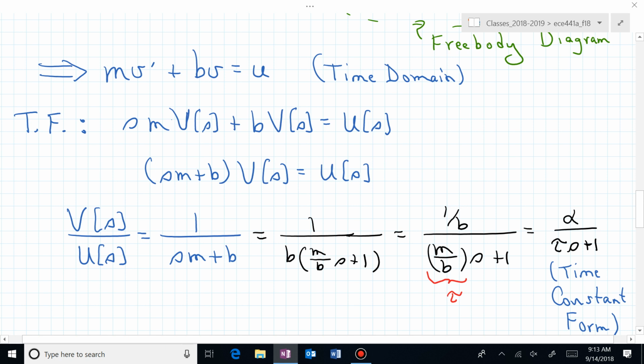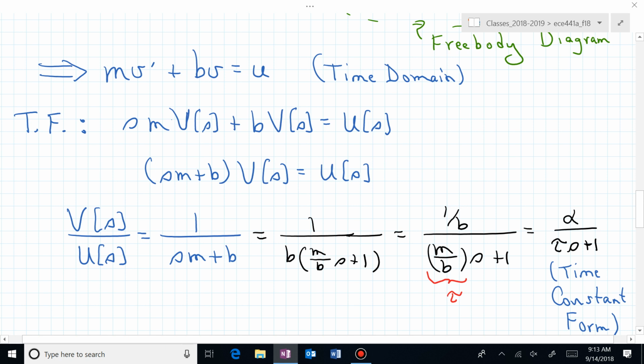And we want to be able to find alpha and tau by system identification strategies. So somebody now says, oh, I have a vehicle. I want you to tell me the dynamic behavior of that vehicle. Well, you don't necessarily have to know M and B. If they give you some data, you can now find the DC gain and the time constant of that mechanical system.